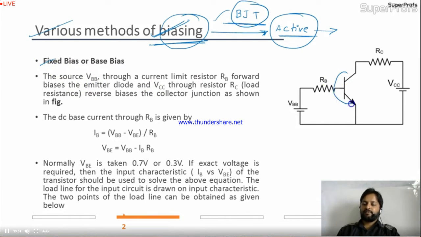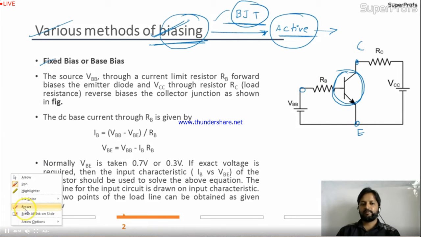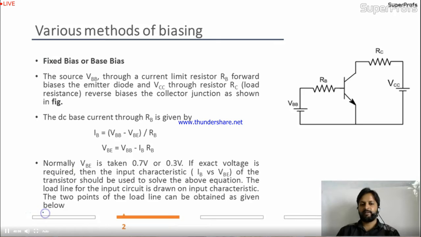This is your BJT circuit, transistor circuit. This is the base region, emitter region and collector region. Perfectly fine. And we discuss about the, wait a minute, let me erase some part. The biasing should be in such a way that your IC should be constant.